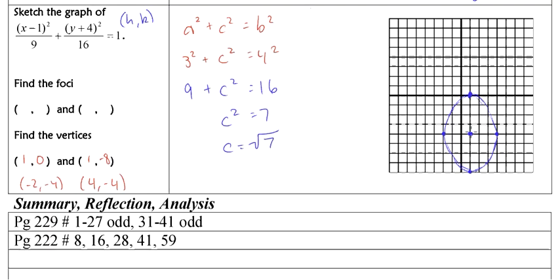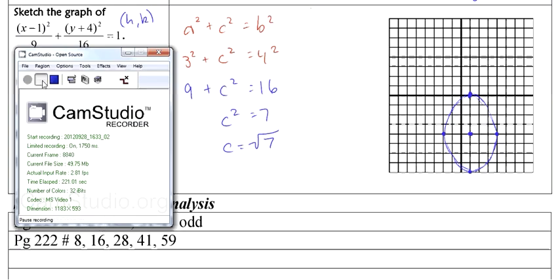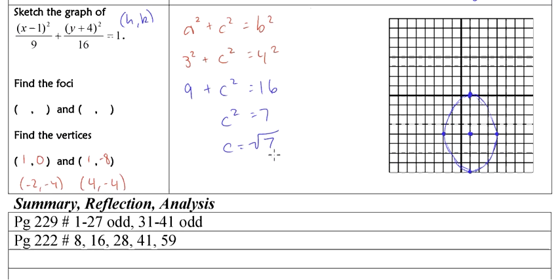Hopefully you're remembering that the foci are always on the major axis. So it's going to be from our center, where was our center again? It was at 1, -4. All right, so if we have a c value of the square root of 7, we're going vertically along that major axis.